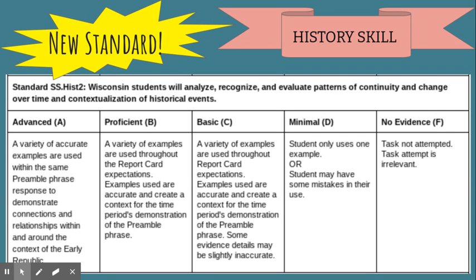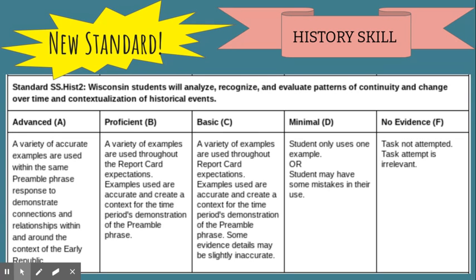For a basic, that's where you're starting to give multiple different examples for your multiple different phrases. Remember, you're assessing how well this time period is doing at accomplishing those preamble goals. So you're thinking, okay, what are the variety of evidence and examples from that time period in order to assess how well the country is doing?